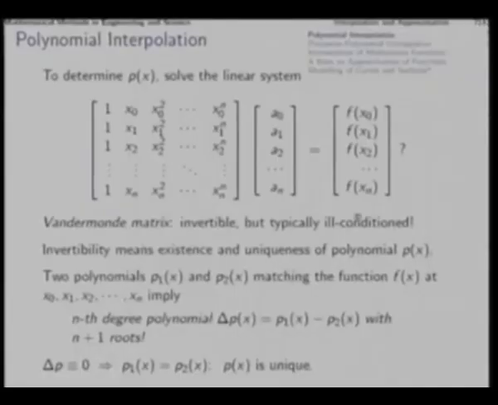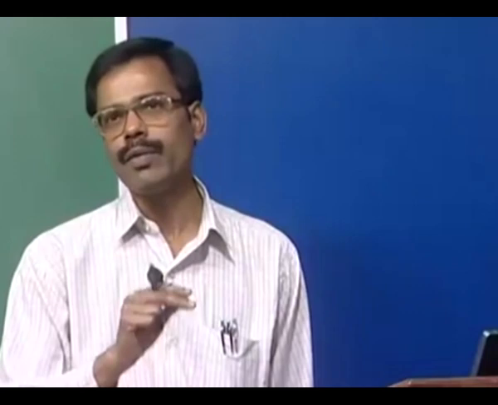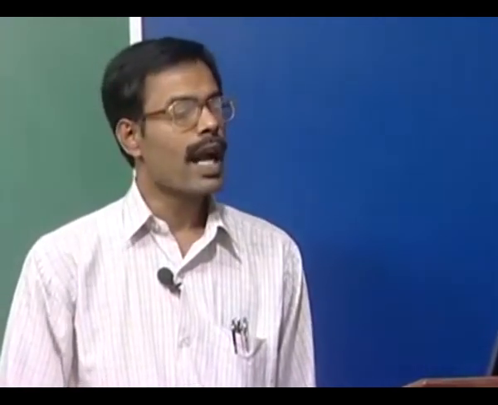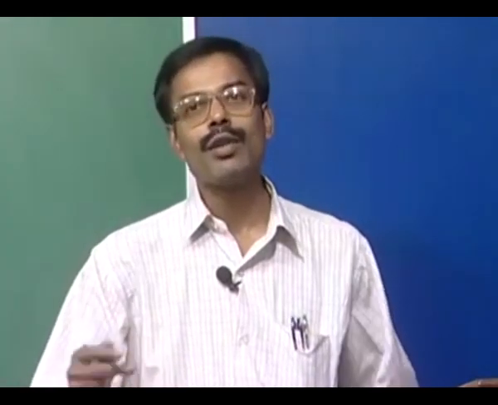That will mean that delta p(x) is an nth degree polynomial of x, but at n plus 1 values of x, it has 0 value. Now, you know from the fundamental theorem of algebra that an nth degree polynomial will have exactly n roots. It cannot have n plus 1 roots, right? And that means that if delta p satisfies such a requirement, it is not only 0 at those n plus 1 values, but it is the 0 polynomial.